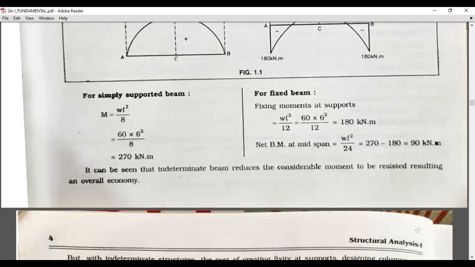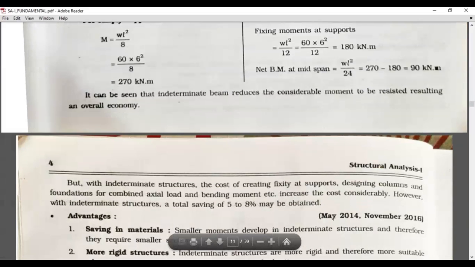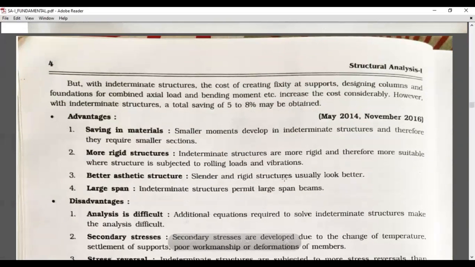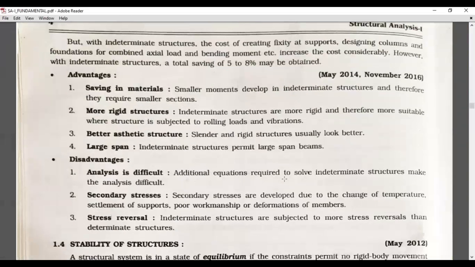It can be seen that the indeterminate beam produces a considerably smaller moment, resulting in overall economy. But with a determinate structure, the cost of creating fixity and supports, and designing columns and foundations for combined axial load and bending moment, etc., increases the cost considerably.